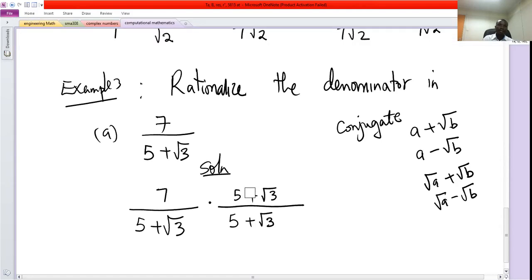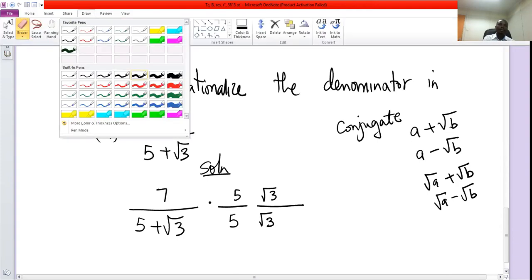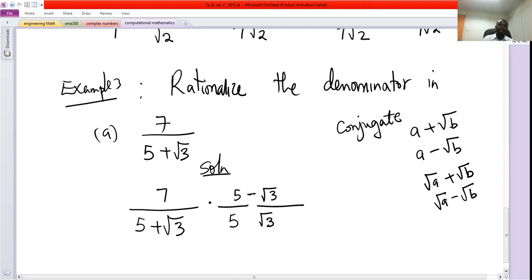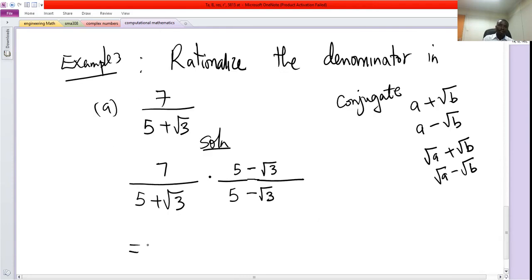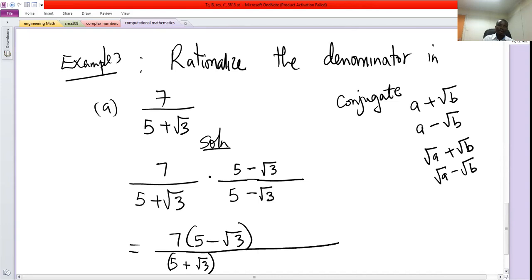When this is plus, then the sign here must be minus. So we'll have 7 into 5 minus root 3 over 5 plus root 3, and then 5 minus root 3.